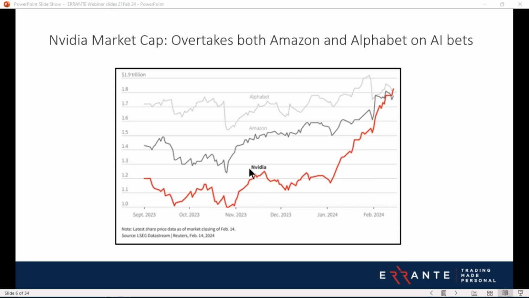Key then will be, as we say, that data center revenue segment, and then of course commentary and guidance, and really the tone of the outlook from the CEO, and whether that inspires investors, notably around those long-term data center sales. Also, it'll be interesting whether there is still decent supply from TSMC, and whether that supply can meet, of course, demand.